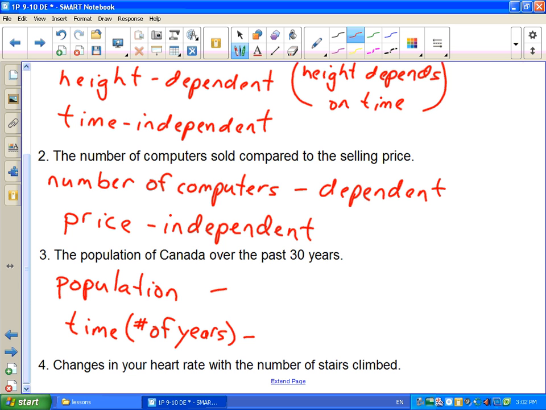So, is the population going to depend on the number of years that have passed, or is the number of years going to depend on the population? Well, I think it makes more sense to say that the population depends on the number of years. So population is going to be dependent, and number of years is going to be independent.